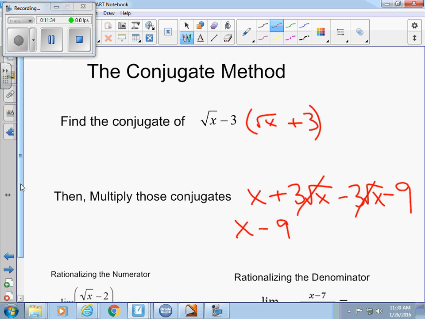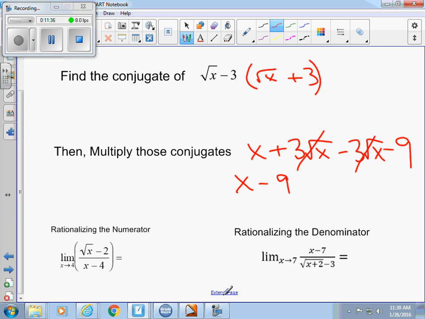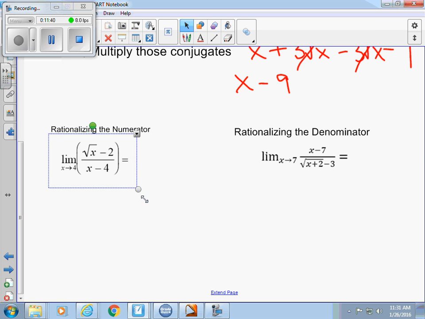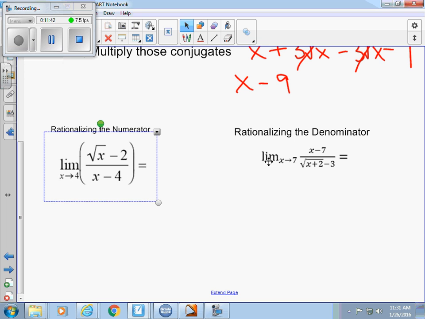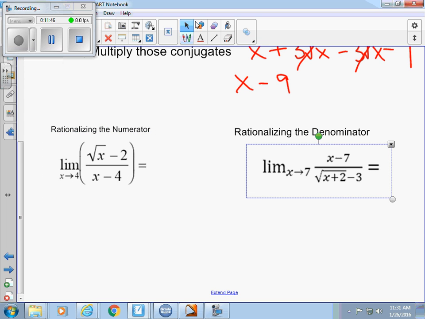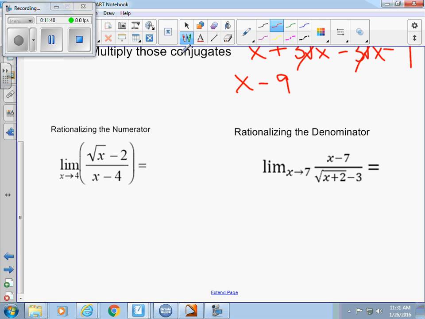Why do I care? All right, so I've got some limits here. Now, we've always rationalized denominators, and there's a reason for that. Before calculators, nobody wanted to divide by a square root. It was impossible. So they would rationalize denominators so that they weren't dividing by square roots.